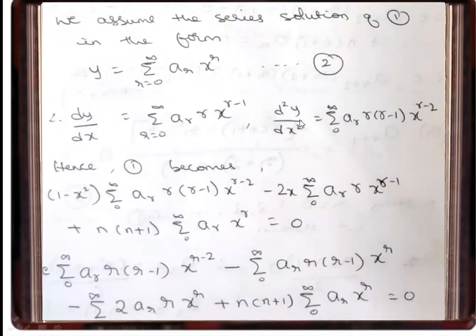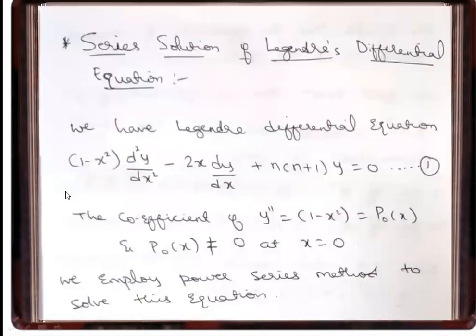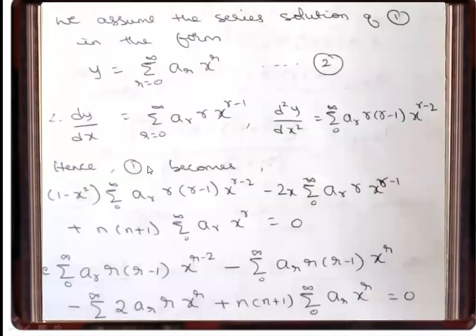Next we shall substitute the dy by dx expression and d square y by dx square expression in equation 1. So equation 1 becomes: 1 minus x square written as it is, d square y by dx square replaced by this expression.